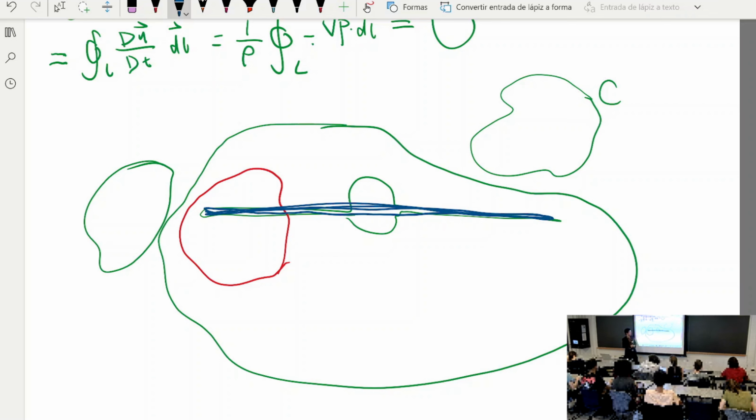I don't know if I explained it clearly, right? So basically, all the locations with non-zero circulation are concentrated in a very thin, what we call a vortex sheet, coming out of the airplane. And that's basically what lifting line theory is working with.